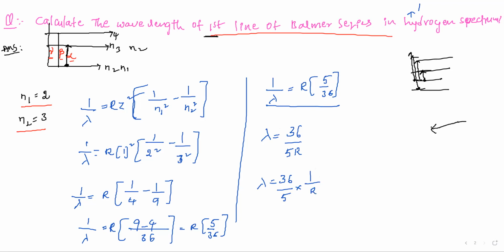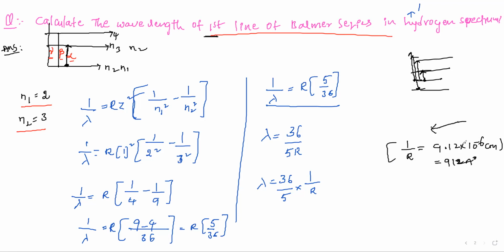Why? Because we know already the 1 by R value. Yesterday I gave it, check it. The 1 by R equals 9.12 into 10 to the power of minus 6 centimeters. That equals 912 angstroms also.